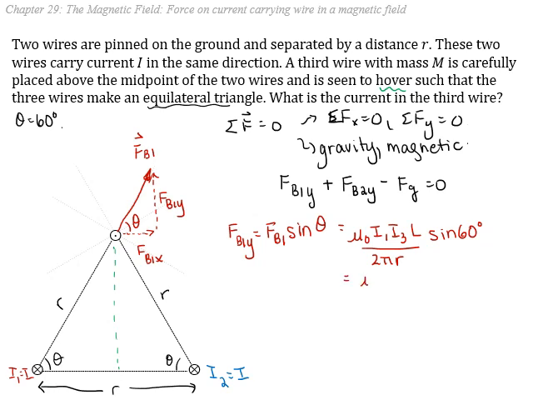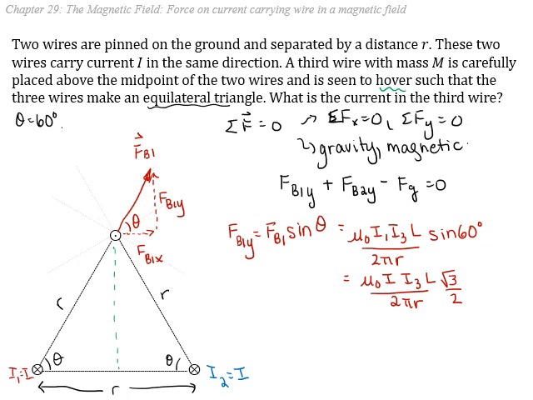Okay, I'm going to say that my current in wire 1 is I times my current I3 times L times 2 pi r. And last, I'll just fill in that sine of 60 degrees is root 3 over 2. If you wish, you can leave it as sine 60, or you can fill in numbers. Doesn't really matter.